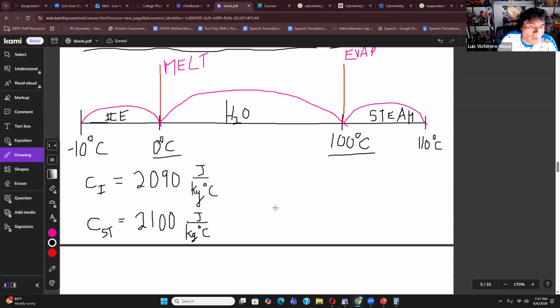All right, so let's see your understanding. Who can tell me the equation and the value for the amount of heat to raise the temperature of ice from -10 to 0?